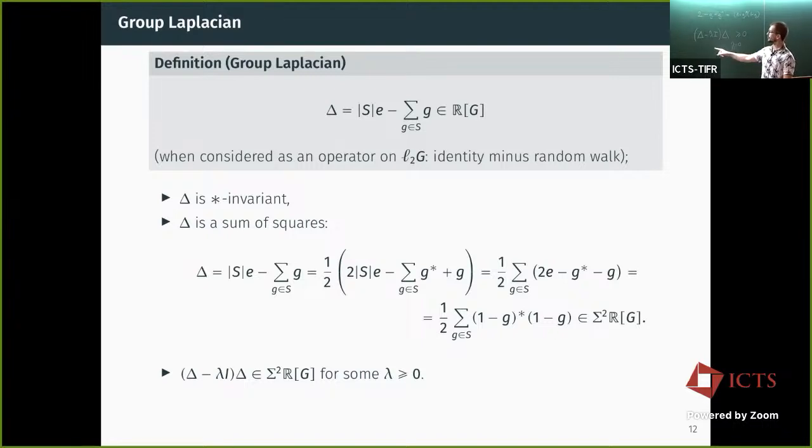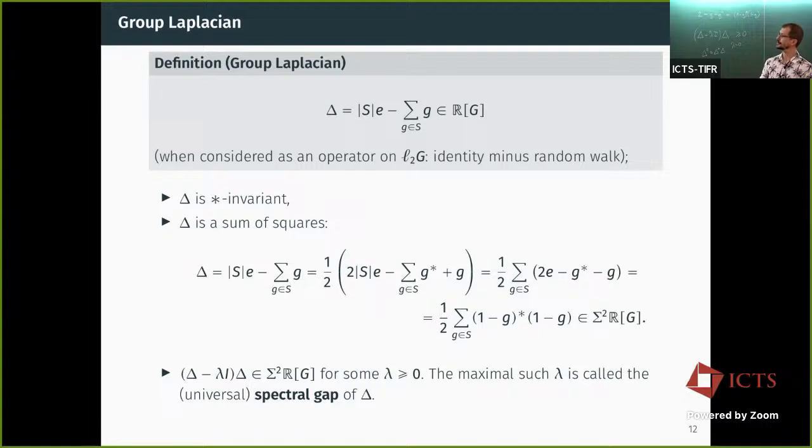Because for lambda equal to 0, this guy is going to be delta square, which is the same as delta star delta. Okay? So this is maybe a stupid remark, but I make it to say that this is 0, and this is non-interesting. But if there exists a lambda that is positive, that is going to be very interesting.